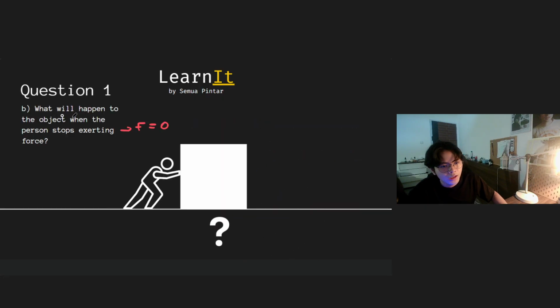Basically. So when F is 0, and we know we have a mass, because it contains mass, that's for sure, then what could be 0? Well, F equals m times a, right? So a will be 0, according to the first law.